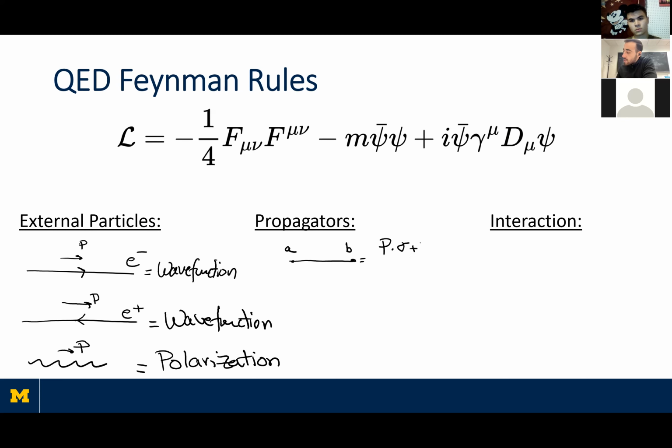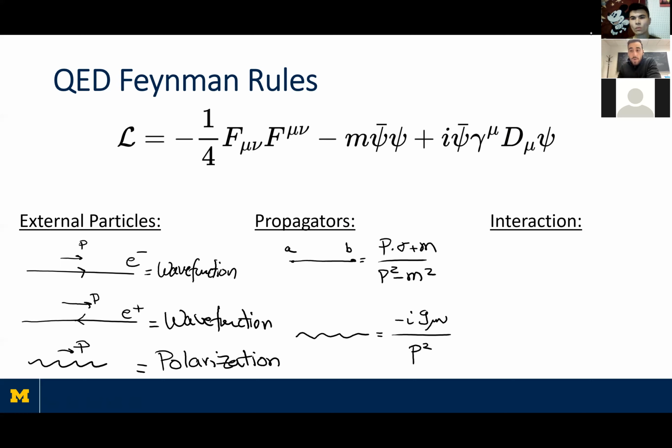And then there's a mass term. And then you have to divide by the momentum squared minus m squared. This is the probability that a fermion would go from point A to point B. And there's a similar propagator for photons, and that's given by the Minkowski metric, so -1, 1, 1, 1 along the diagonal. And then you have to divide by p squared, which is the momentum.